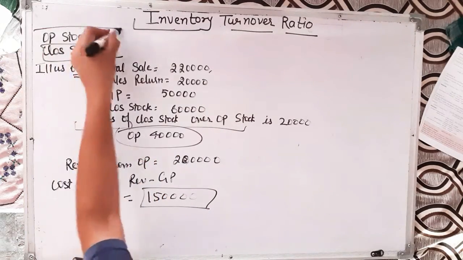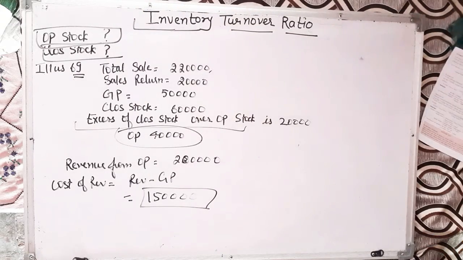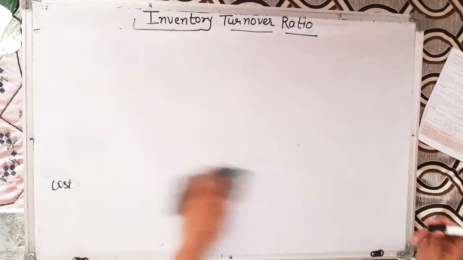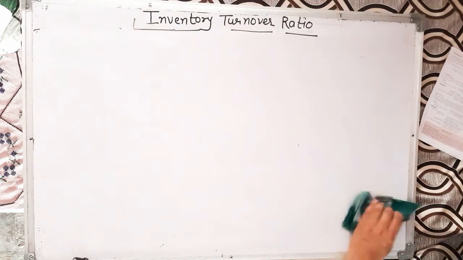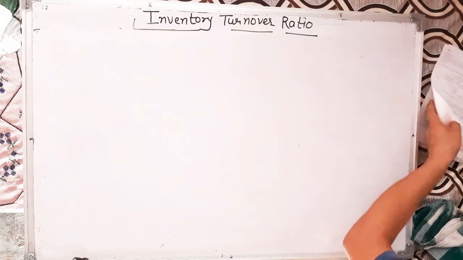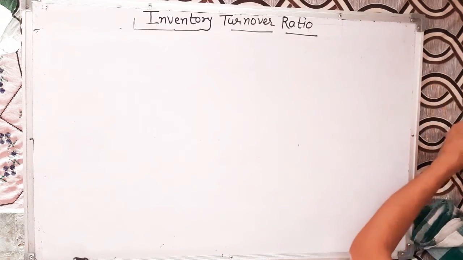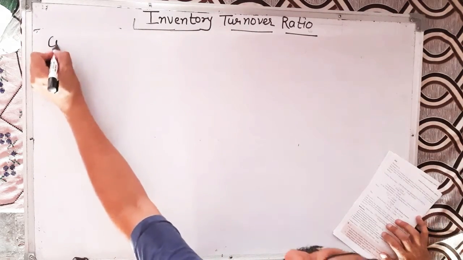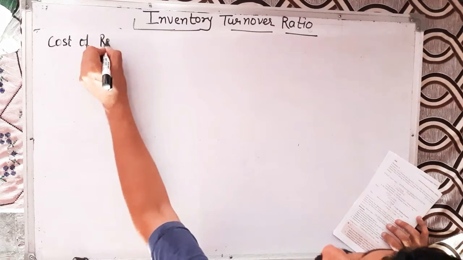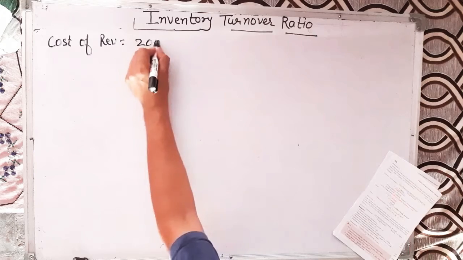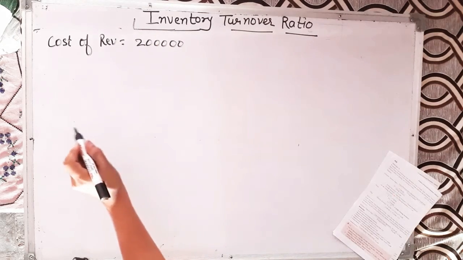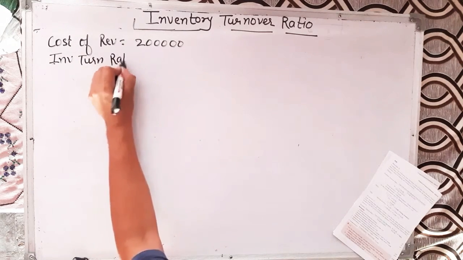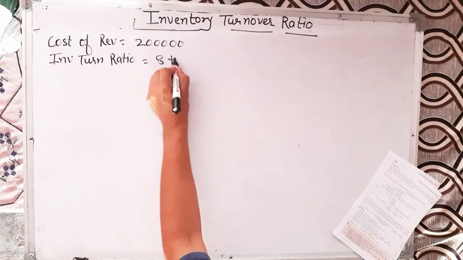Okay, now we will move to next topic. Cost of revenue is equal to 2 lakh. Inventory turnover ratio is given, okay, 8 times.